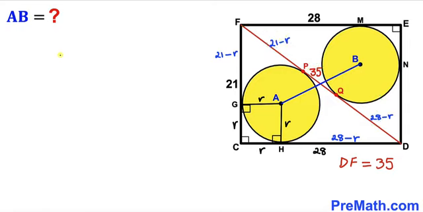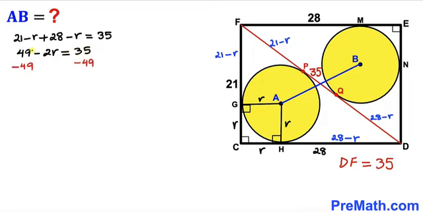So therefore, let me go ahead and add the segments: 21 minus r plus 28 minus r is going to be equal to 35. Let's go ahead and combine the like terms. So we are going to get 49 minus 2r equals 35.